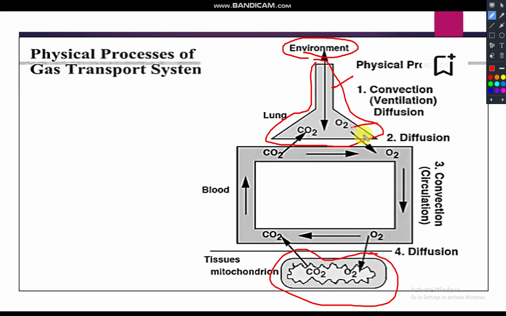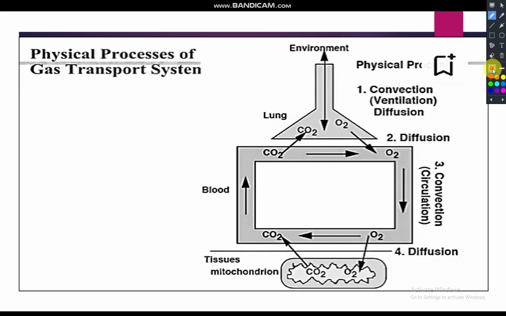So what is happening here is that, let's take oxygen first, then we'll take carbon dioxide. So oxygen from the external environment enters into the trachea and then to what? The lungs. From the lungs, the oxygen diffuses. You can see the direction of the arrow.